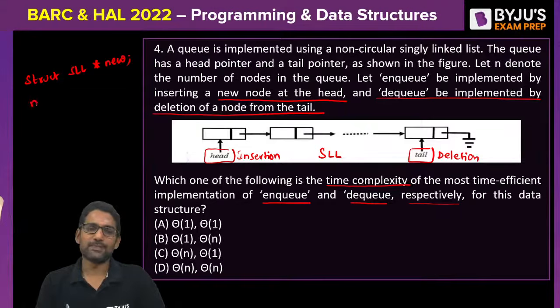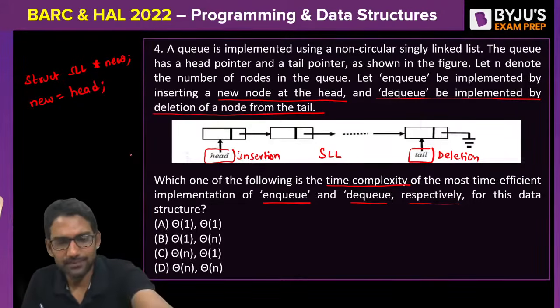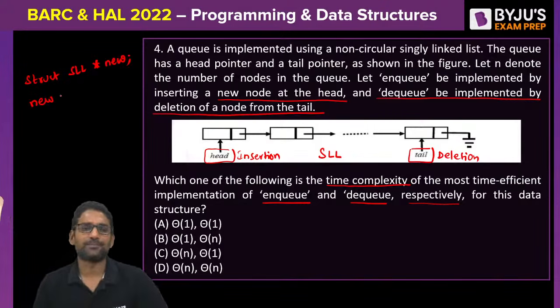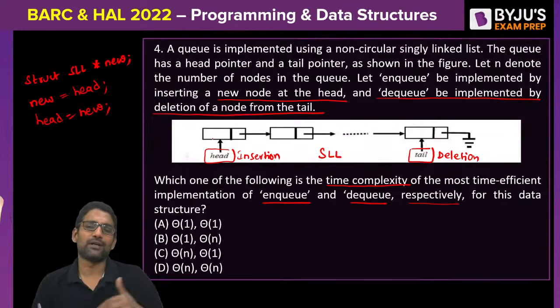Now, where head is pointing, there new will be pointing, I mean, new next. And head will be pointing to the new node. So new will be pointing to the earlier first node, and head is pointing to new node. So new node becomes the first node now.